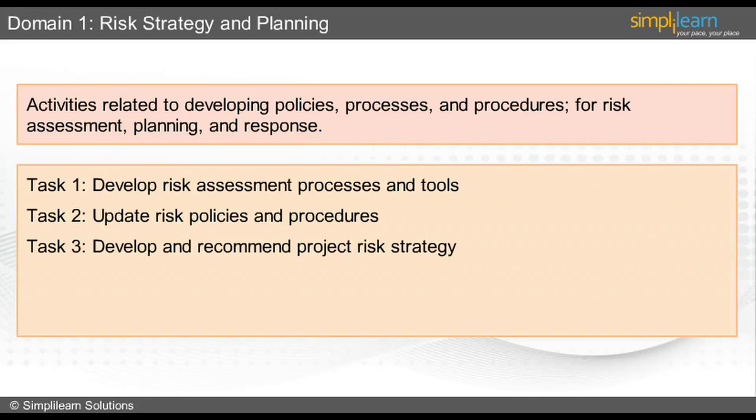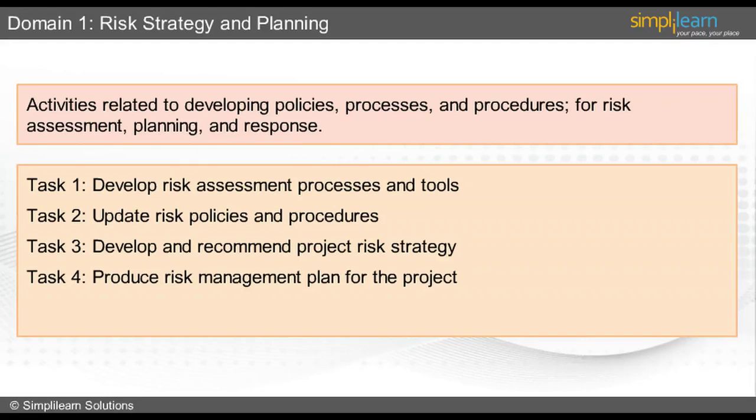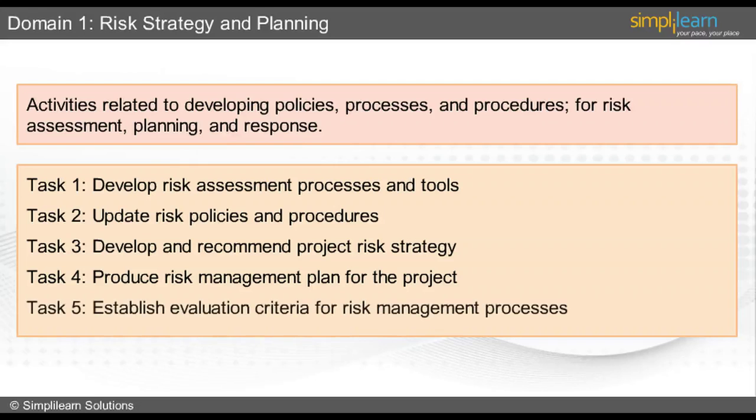Task 4 is to produce risk management plan for the project on the basis of input from project information, external factors, stakeholder inputs, industry policies and procedures, in order to define, fund, and staff effective risk management processes. The fifth and the last task is to establish evaluation criteria for risk management processes, based on baselines and objectives, in order to measure effectiveness of project risk process.